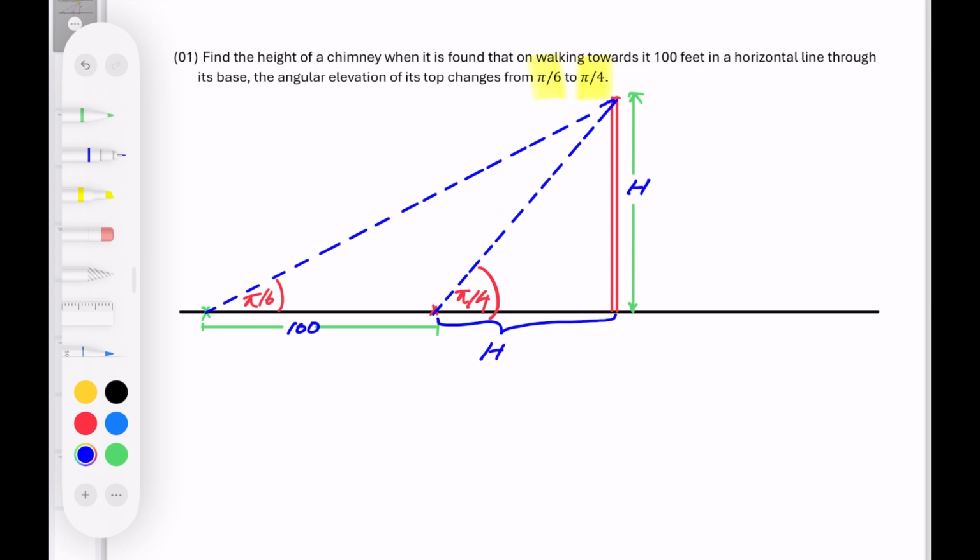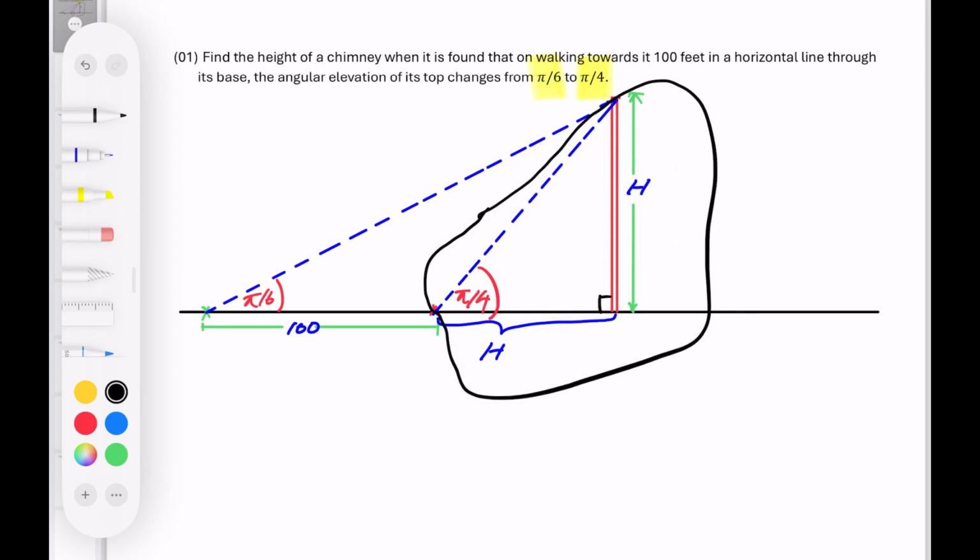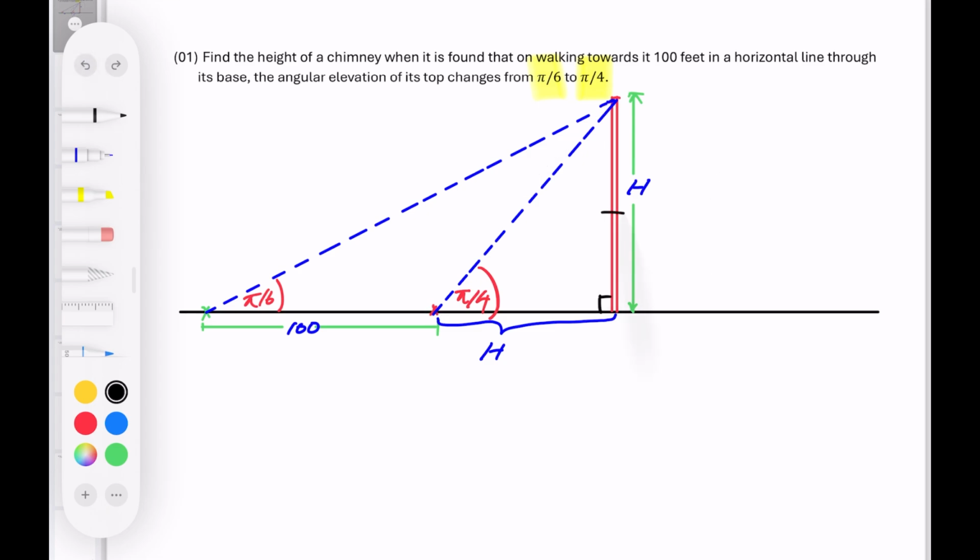Why? Because we know that this angle right here is 90 degrees. The angle right here is given as pi over 4. Then what should be this angle? That angle should also be equal to pi over 4, which means this triangle right here is an isosceles right triangle. For an isosceles right triangle, we know that this side should be equal to this side.